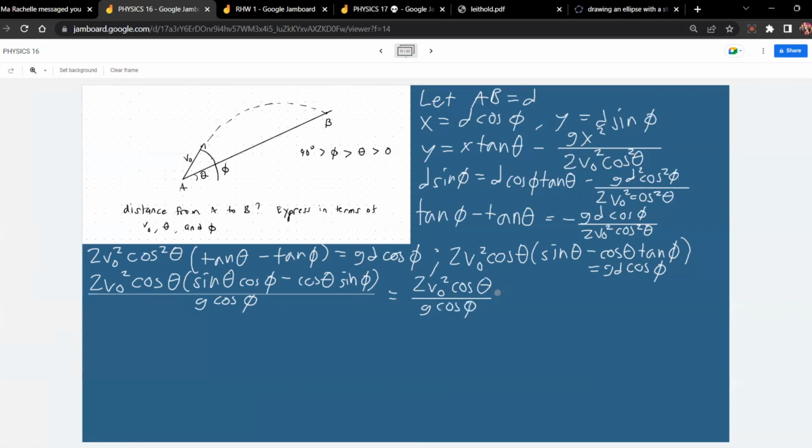Wait, simplify mo ba yung left-hand side ng equation? So sine theta minus phi, no? And then that's supposed to be GD cosine phi. Parang may kulang.